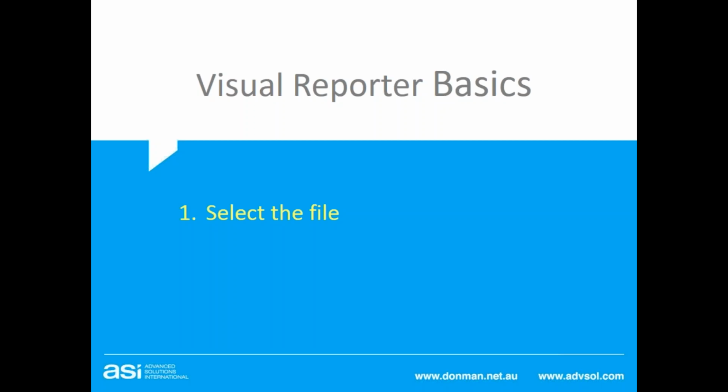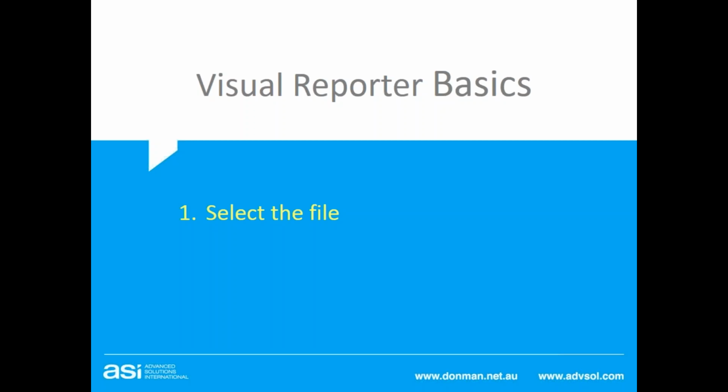In fact, any file that's in Donman, you can run a report on. But as I mentioned before, you need to know which file you're looking at. However, for basic things, there's probably only going to be 3 or 4 files that you'll deal with. That would be the donor file, the donation file, the campaign file, and probably the pledge file.